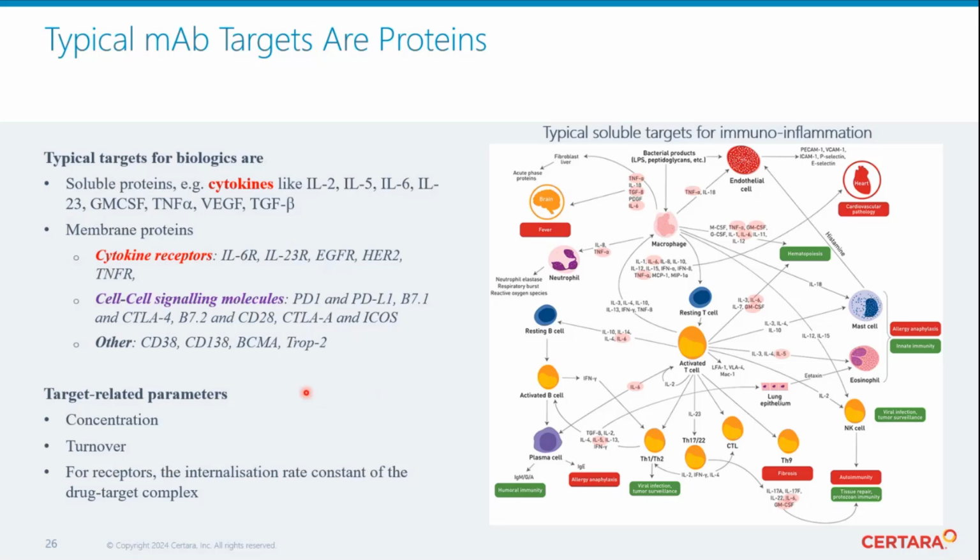Another class of targets are membrane proteins, typically cytokine receptors or signaling molecules, but there are also others. If it's a BCMA, all that's required is that it is tumor specific. That's that. But we still need to know from the modeling perspective what's the tissue concentration of those targets, their turnover, internalization rate constant.